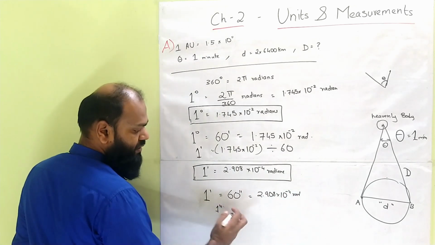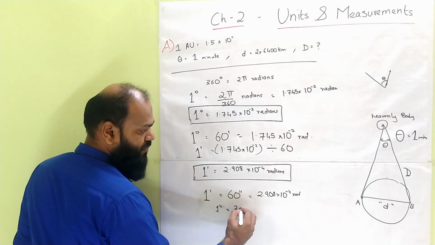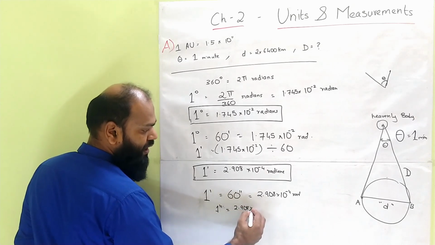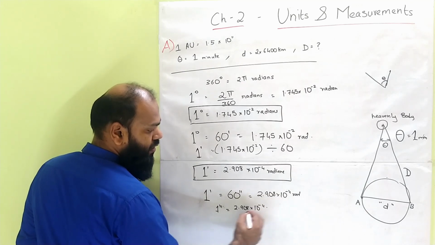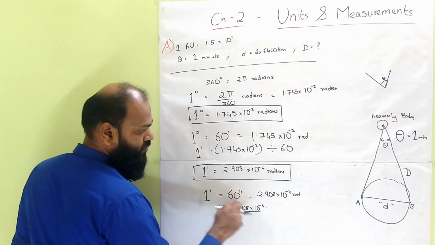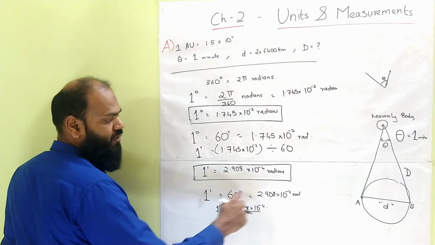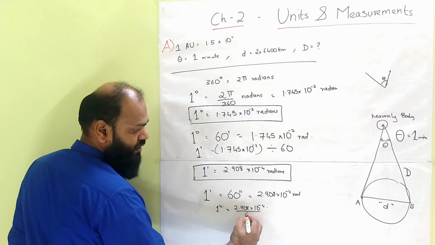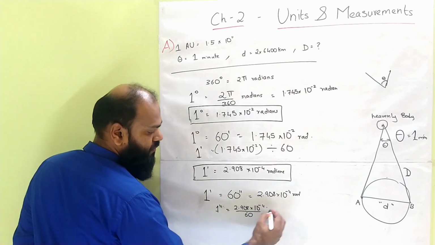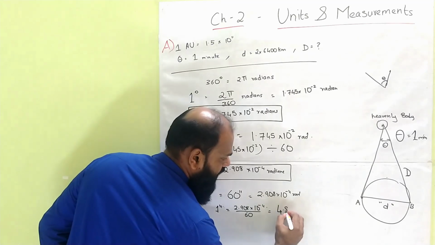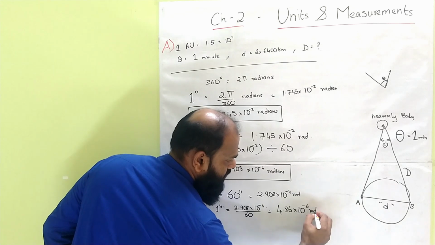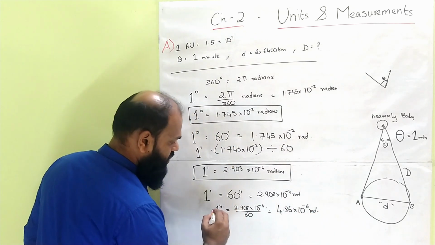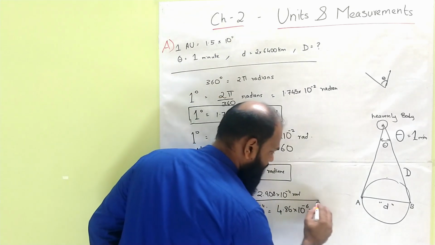Therefore, 1 second equals the same thing, same technique, 2.908 × 10^-4 divided by 60. So for measuring 1 second, I have to divide the whole thing by 60, which equals 4.86 × 10^-6 radians. So this is what 1 second is.